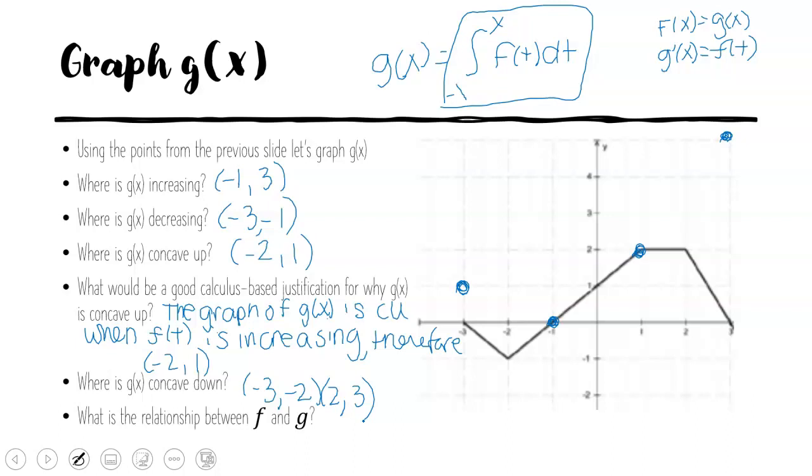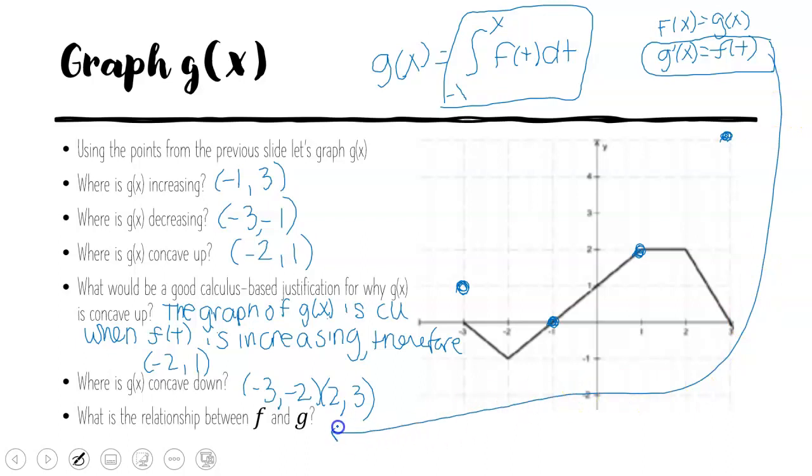We don't include that 1 to 2 because the graph is flatlined. The derivative of a flatline graph is 0. 0 is not going to be concave up or concave down. It's going to be 0. What is the relationship between f and g? So that relationship is what I put here. G prime of x is equal to f of t.